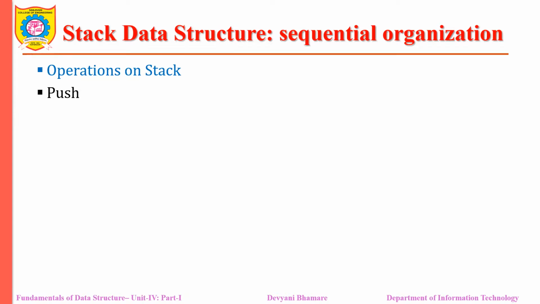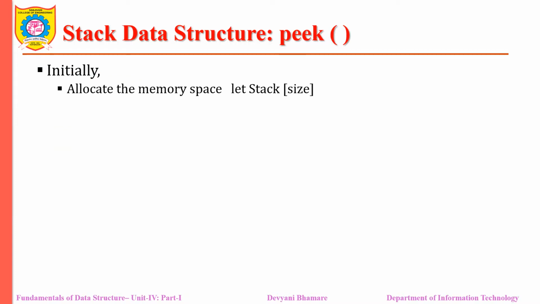The different operations on the stack are: push, to insert an element; pop, to delete an element; peek, which gives us the topmost element; isFull, to check whether the stack is full, and if it is full, it returns true; and isEmpty, which returns true if the stack is empty. This way we can perform these different kinds of operations on the stack. Let's see about the peek.